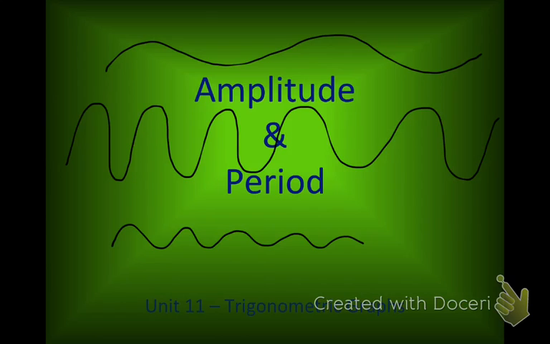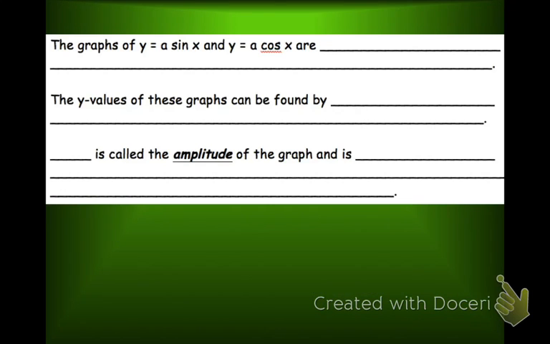So since amplitude starts with an A, let's start there. So the graphs of y equals a sine x and a cos x are vertical stretches or compressions of the graph.